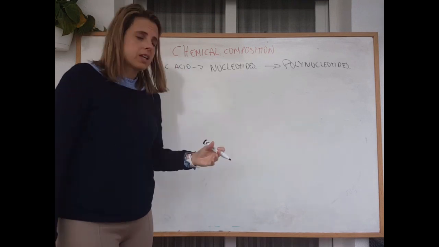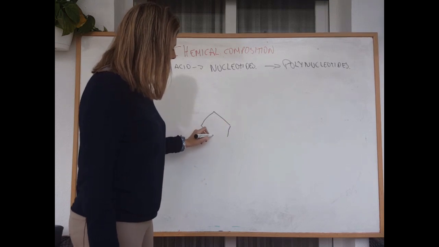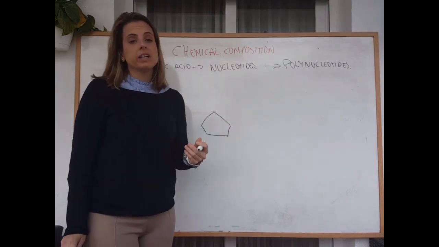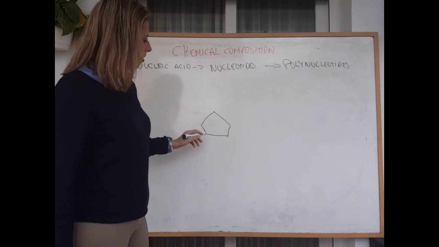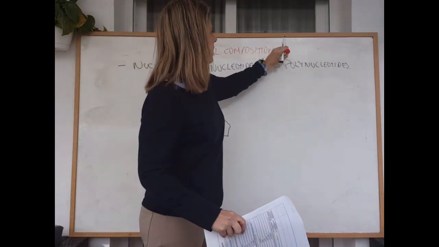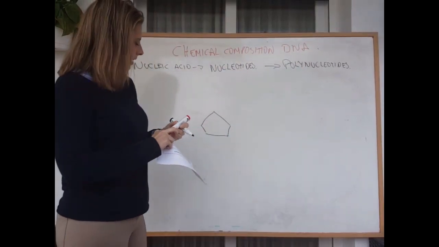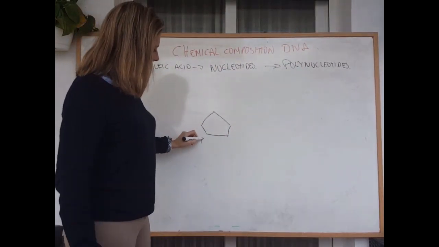So one monosaccharide is a 5-atom molecule that is going to be called, in the case of DNA, remember that here we are talking about DNA, deoxyribose.